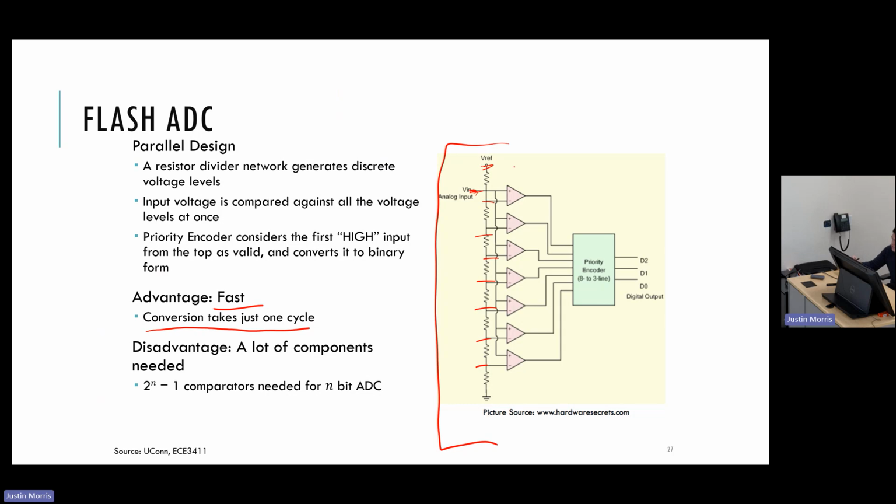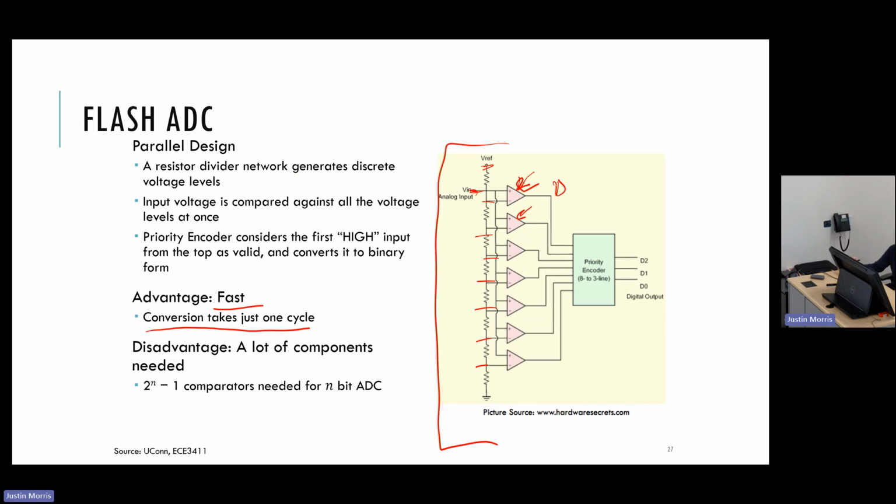And then what each of these things are doing is a comparison between the reference voltage at the interval that it is handling. So this is handling the highest interval, and it's comparing that with the input voltage. And if the input voltage is higher, then this would be a 1.